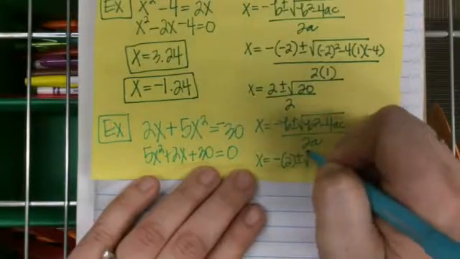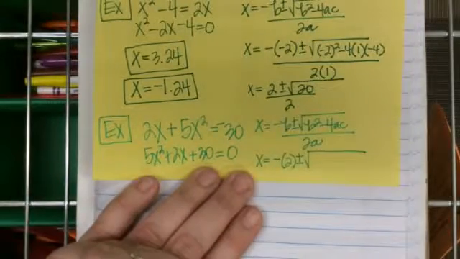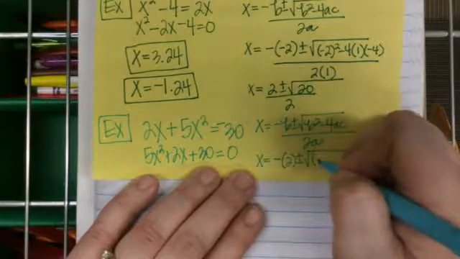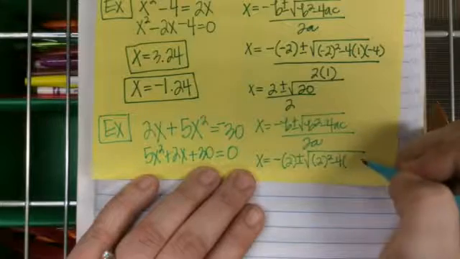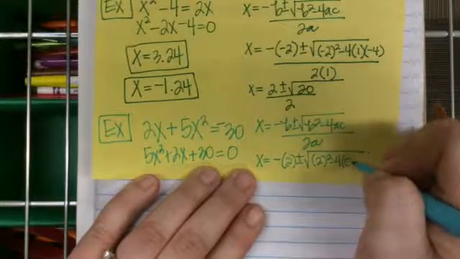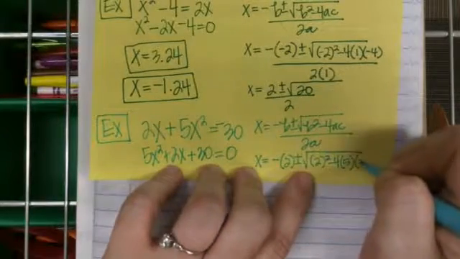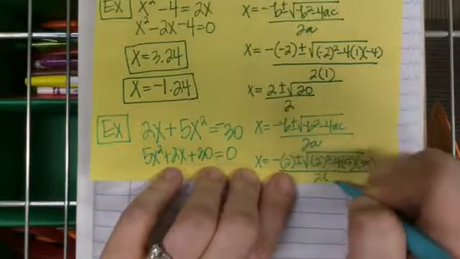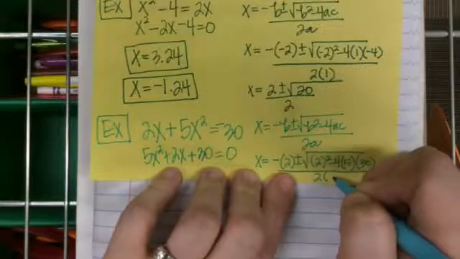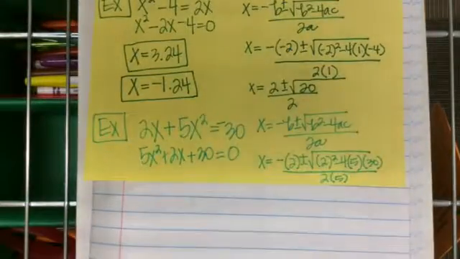Plus or minus square root of b, which is 2 squared minus 4. What's a? What's c? 30. All over 2 times 5. All right, simplify it.